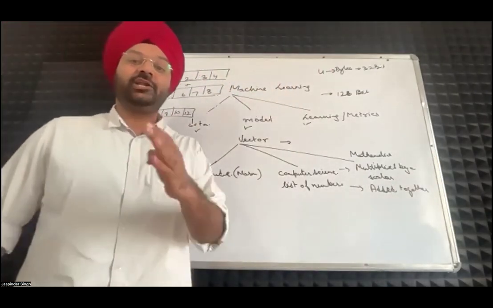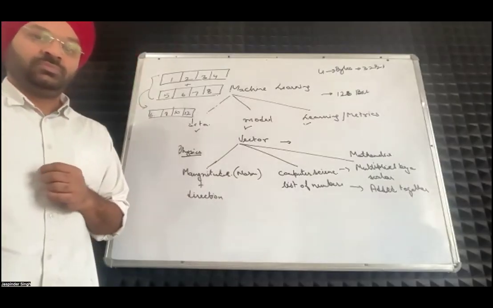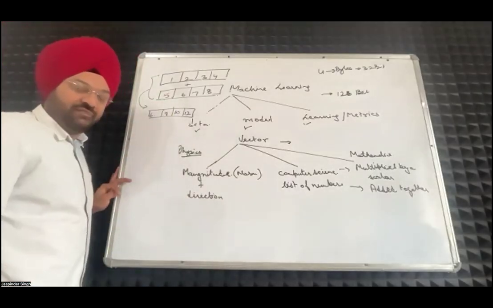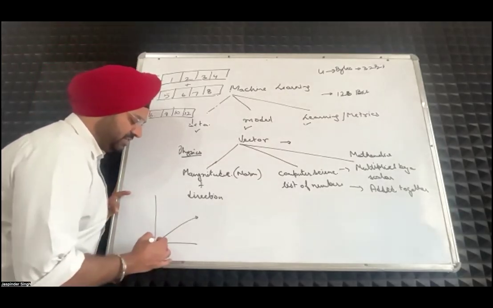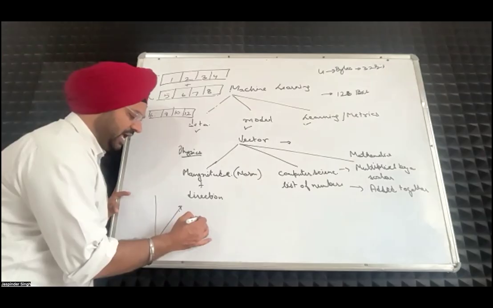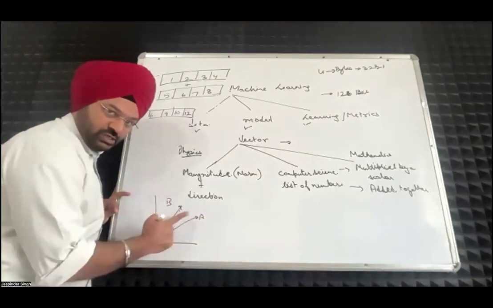All right. And I'll tell you the distinction. For example, on the whiteboard, the mathematics student says that two vectors can be added. This is one vector, this is another vector, A, B, magnitude and direction.